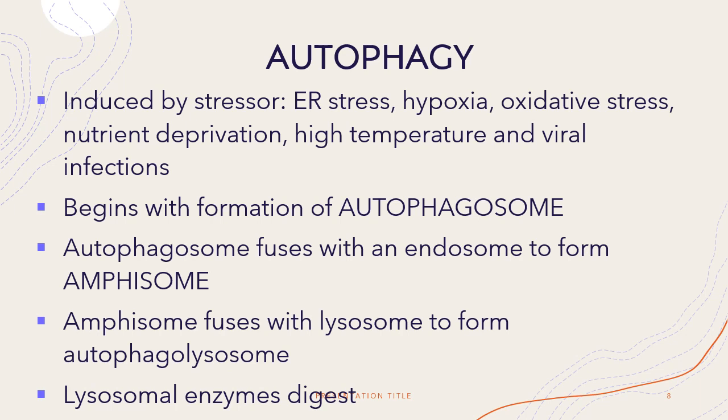In the case of your ubiquitin proteasomal system, that is the attachment of the protein ubiquitin. But for this, your autophagy begins with the formation of your autophagosome. This autophagosome then fuses with an endosome to form an amphisome.